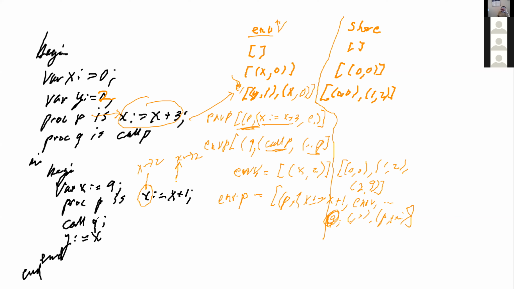So this Q then is still a call P, but it refers to this P. And when you call this one, it knows about X being the location 0.